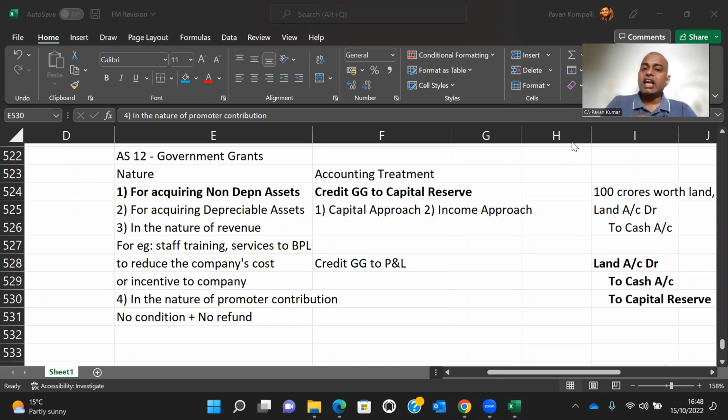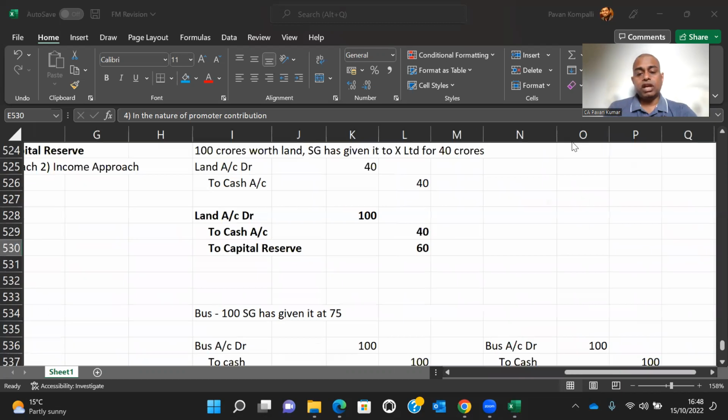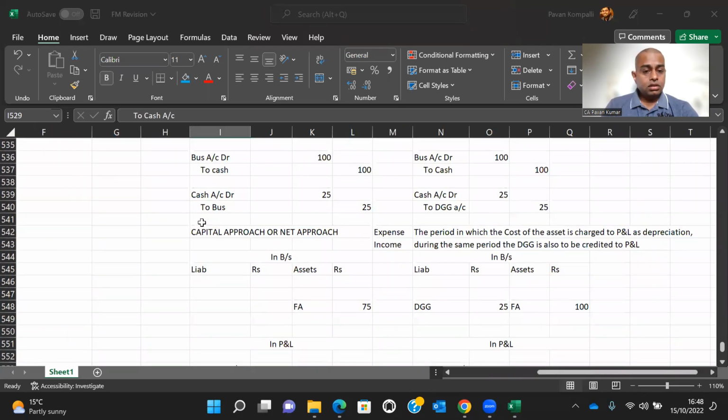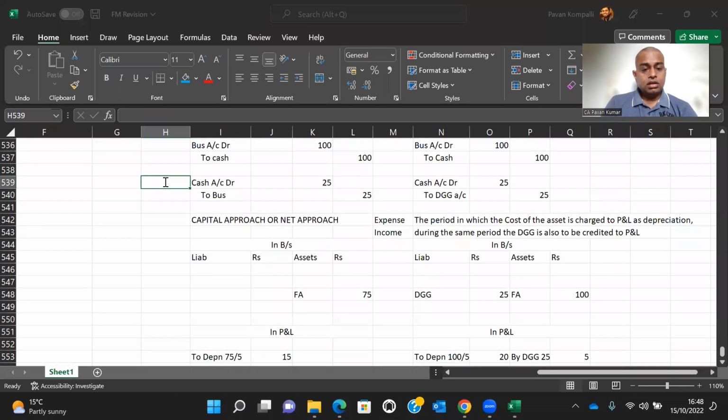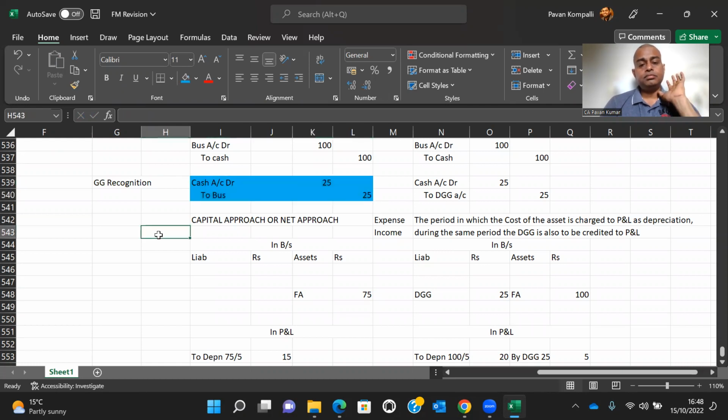For example, if you are following the capital approach, okay, look here. If you are following the capital approach, this is the government grant recognition entry. Correct? This is the government grant recognition entry. Is it right?